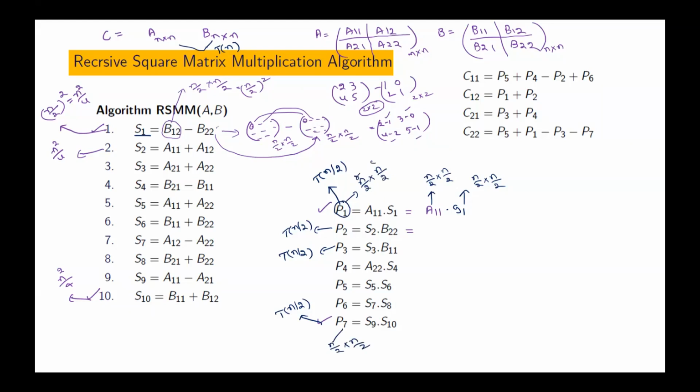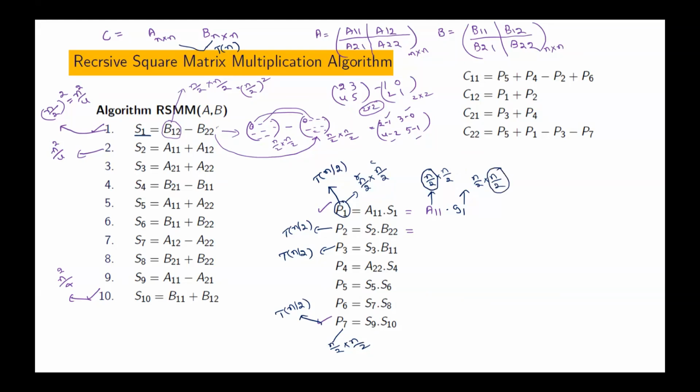Why? Because these are the two matrices we are multiplying. The order becomes the number of rows in the first matrix by the number of columns in the second matrix, both n by 2. Similarly, each of these matrices has order n by 2 by n by 2.